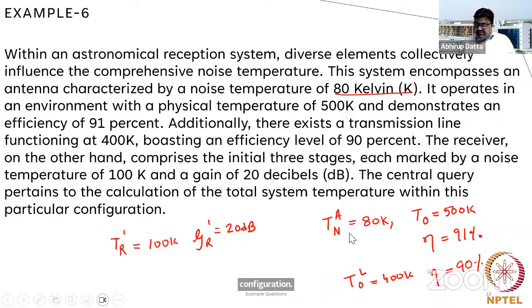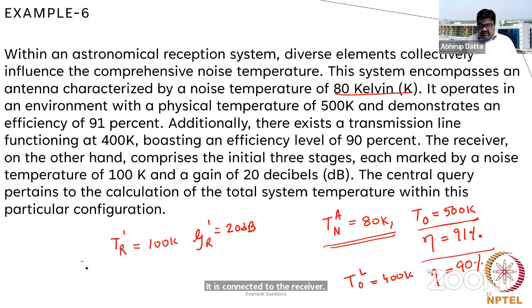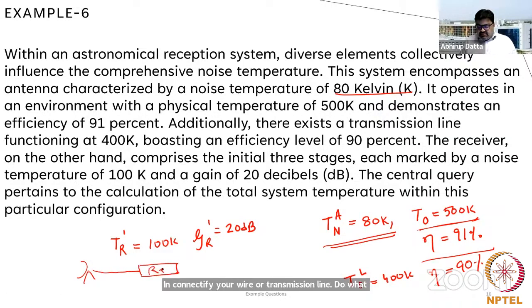There is an antenna with a noise temperature of 80 Kelvin. Ambient temperature is 500 Kelvin. Efficiency is 91%. It is connected to the receiver via a transmission line. So an antenna, then connected by a wire or transmission line to a receiver. The transmission line has an ambient temperature of 400 Kelvin and efficiency of 90%.